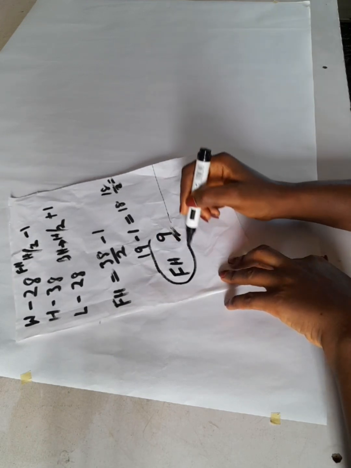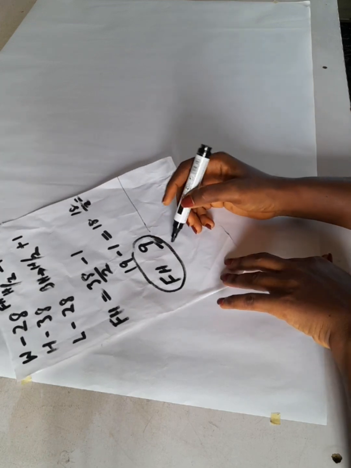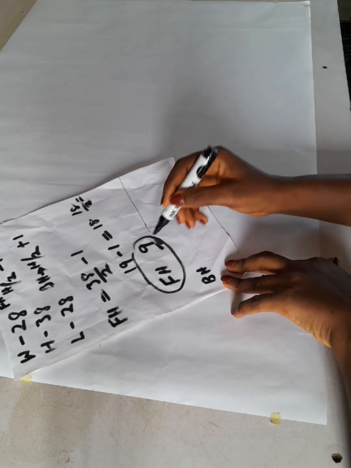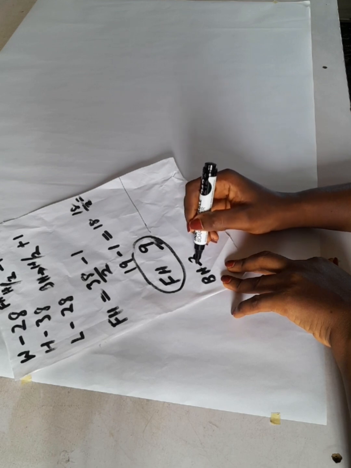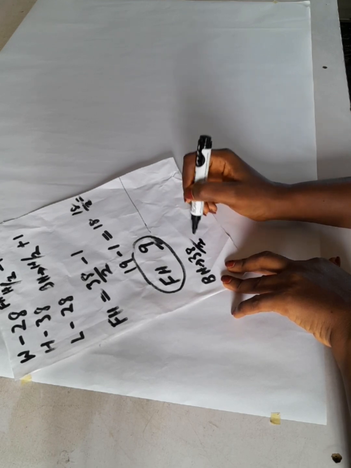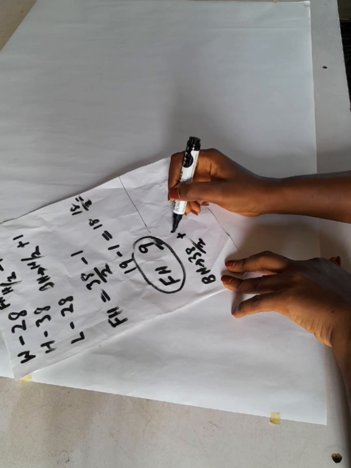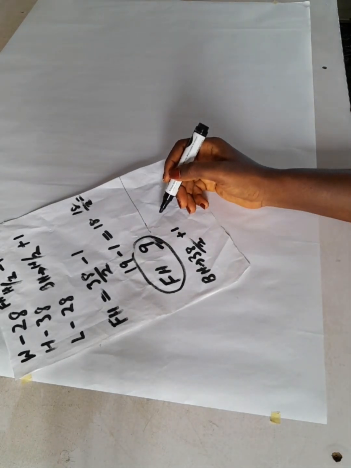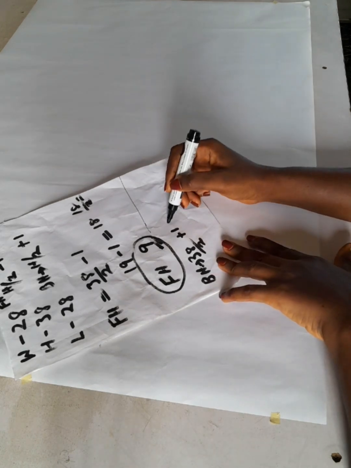Now, for the back hip it is going to be 38 divided by 2 plus 1. 38 divided by 2 is 19, plus 1 is equal to 20.